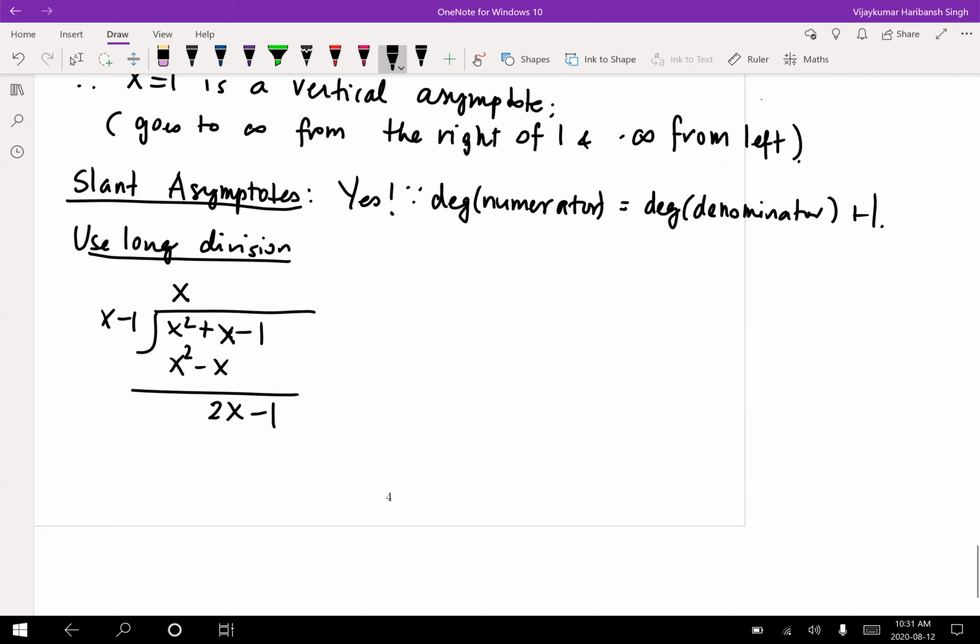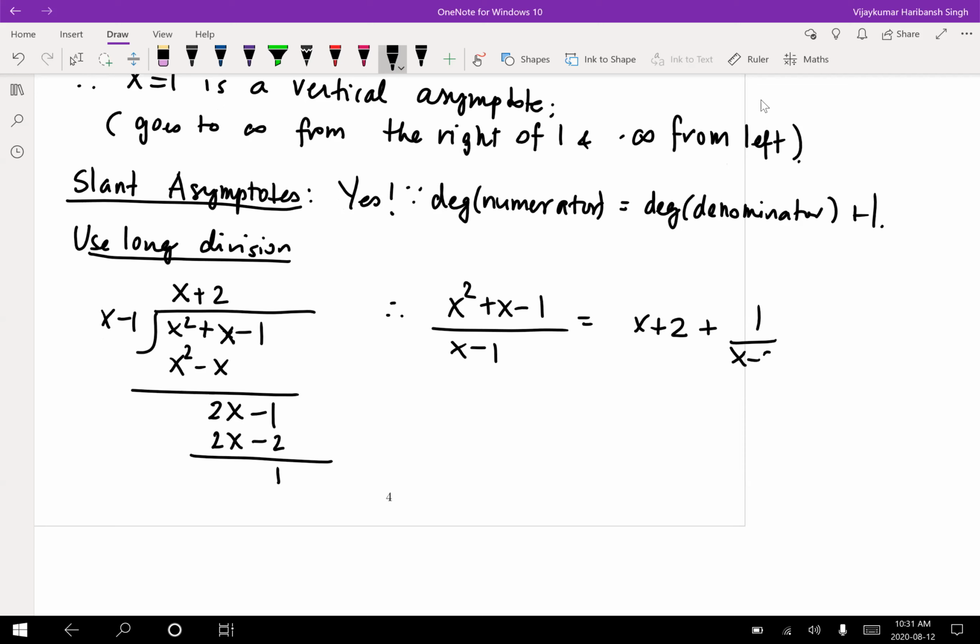Then how many times does it go into 2x? Plus 2. Minus 2, and when you subtract, you get 1. Therefore, you can write (x squared plus x minus 1) upon (x minus 1) as x plus 2 plus 1 upon (x minus 1).